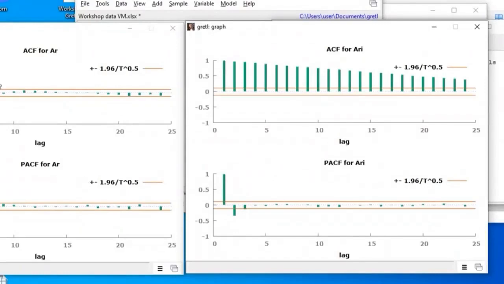But in the case of the stationary variable, the significant spike in the PACF will indicate, roughly, approximately, the order of the AR process. So that's the difference between these two. Okay? Is it okay?